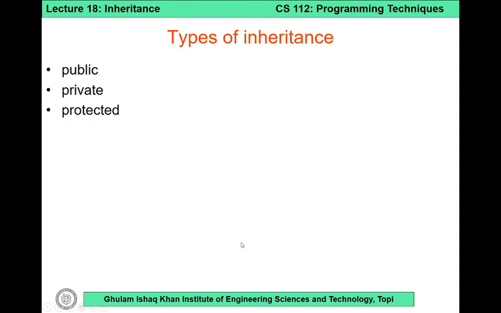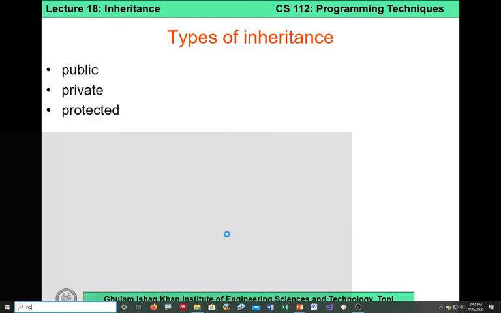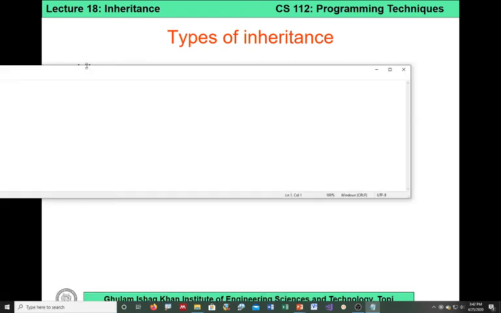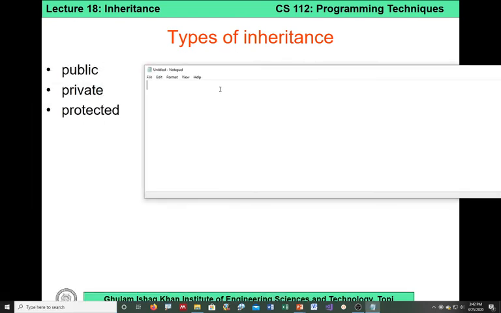Now coming to the long awaited concept of types of inheritance. For example, we have a class, let's say student, and the class ends here. We have some code here.